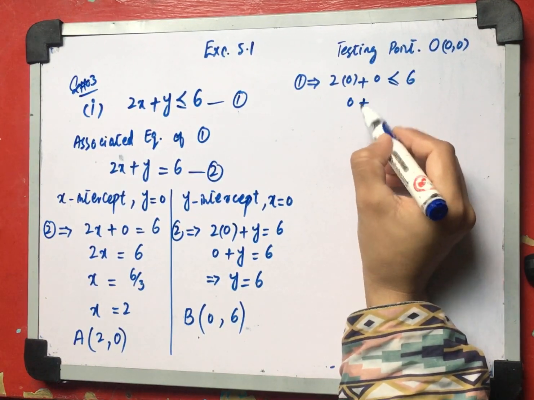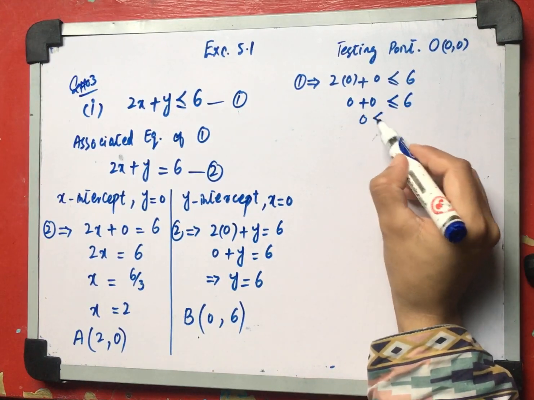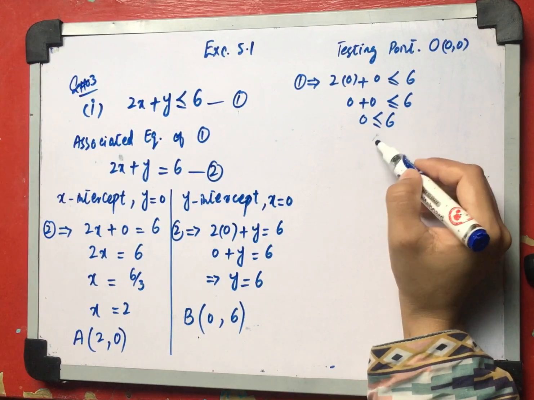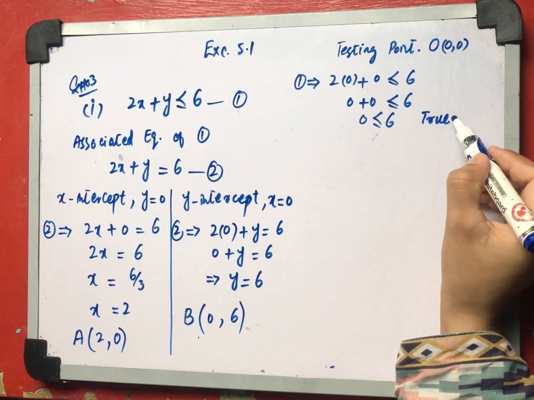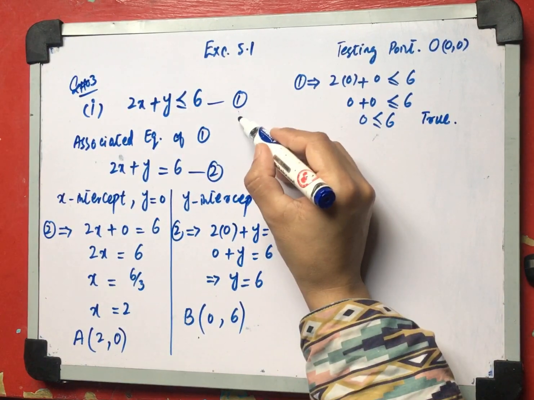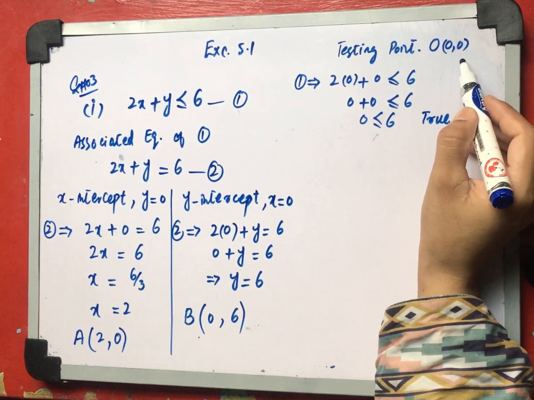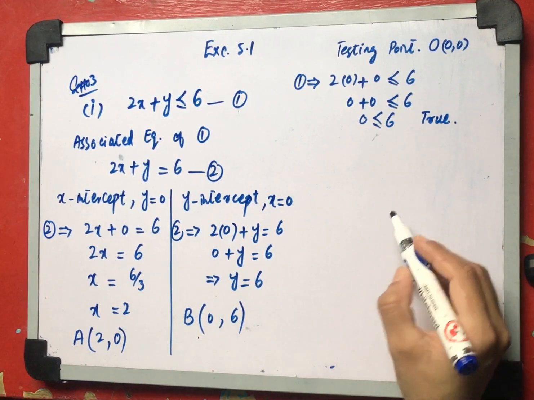We have 0 plus 0 is less than or equal to 6. So 0 is less than or equal to 6. Is 0 less than 6? Yes, definitely 0 is less than 6. So this condition is true. It means this inequality is satisfied for this point 0, 0. So what is the purpose of checking the testing point?